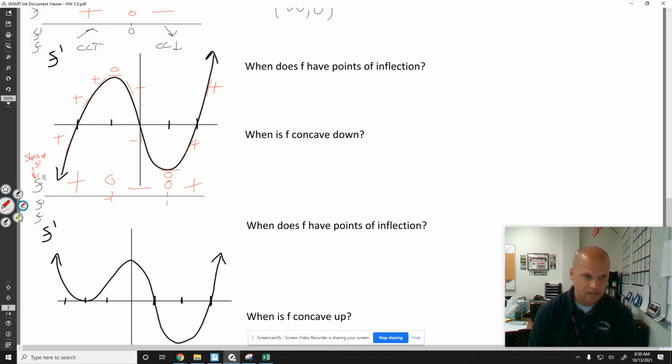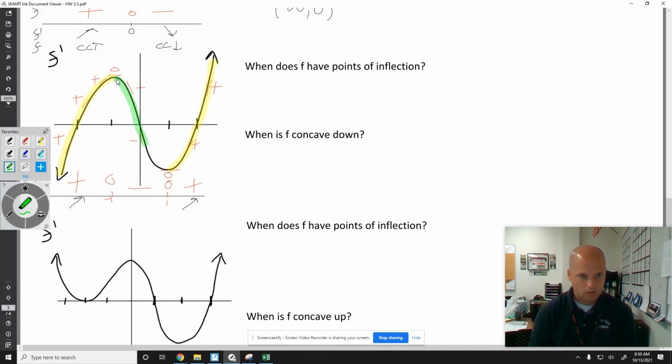The other way to look at it is to say, oh, here's when f prime is going up, increasing. So f prime is going up here and going up there. F prime is going down here. Either way you do it, slopes or going up, going down of f prime, you know f is concave up, then concave down, then concave up.